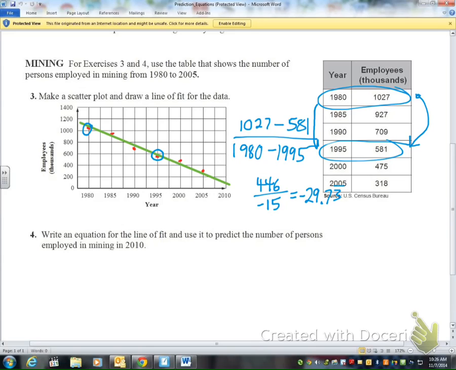Now, I'm just going to round that to negative 29.7, because again, is this exact? No. So if it's not exact, does it really matter if I round it? No, because the whole reason we don't round things is because we want exact answers. And if our answer is already just an approximation and guess, then it's okay if you round a little bit. So I'm going to round it to negative 29.7.